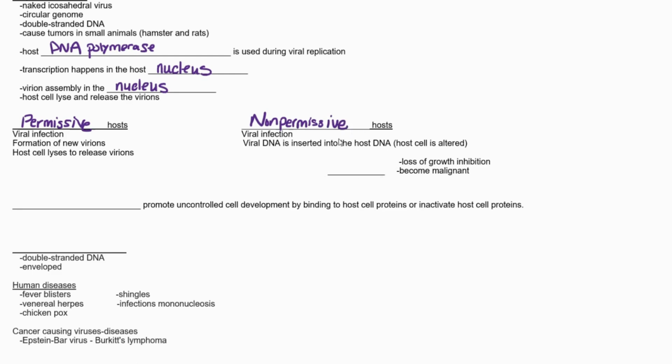So in this process, there is a loss of growth inhibition, and the cell becomes malignant. And this is called transformation. So the host cell is transformed.